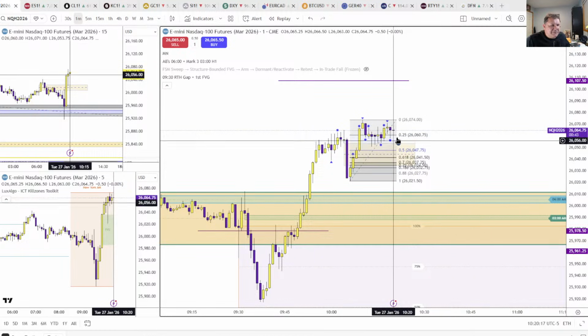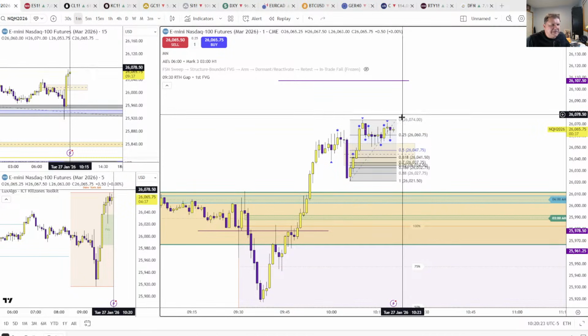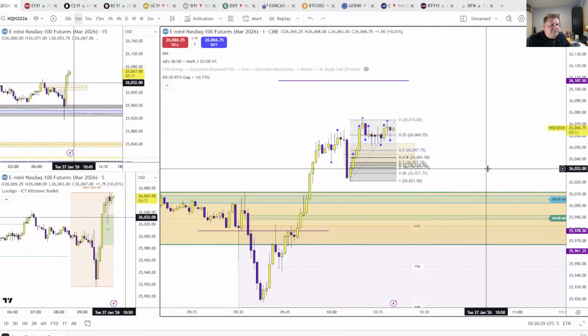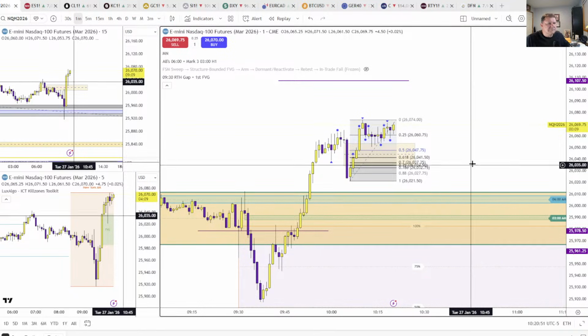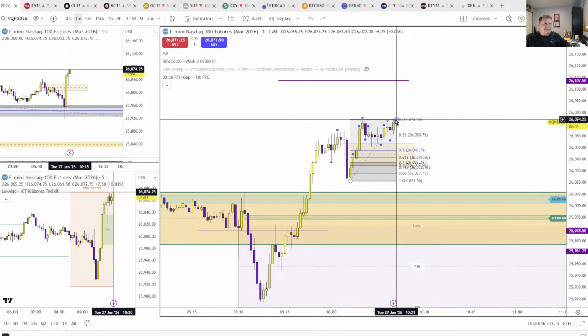What time are we sitting at now? 2021. This candle should give us a 1920. Next candle should give us a swing point. Get this out of the way here now.